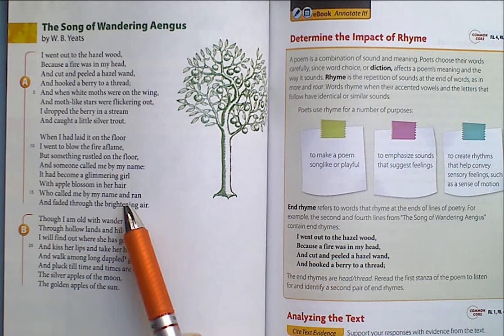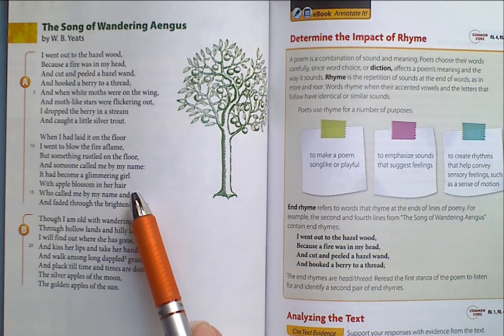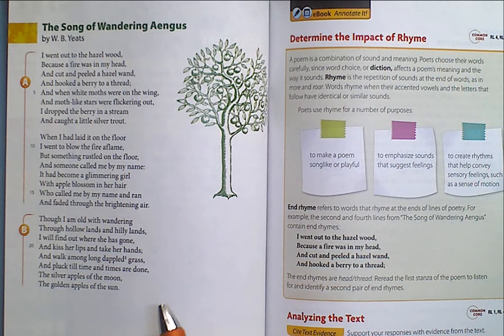It had become a glimmering girl, with apple blossom in her hair, who called me by my name and ran and faded through the brightening air. Though I am old with wandering through hollow lands and hilly lands, I will find out where she has gone, and kiss her lips and take her hands, and walk among long dappled grass, and pluck till time and times are done, the silver apples of the moon, the golden apples of the sun.